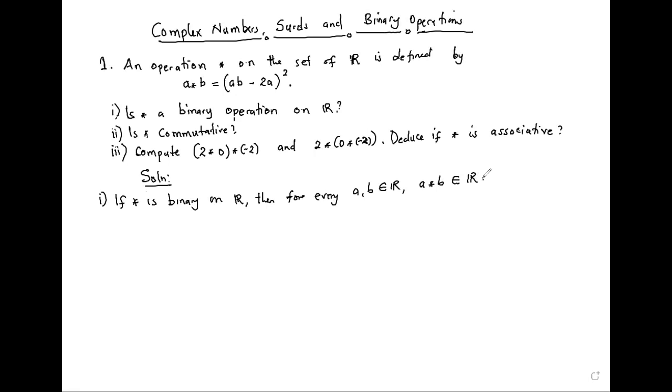If star is binary on R, then for every A, B in R, A star B should also be in R.